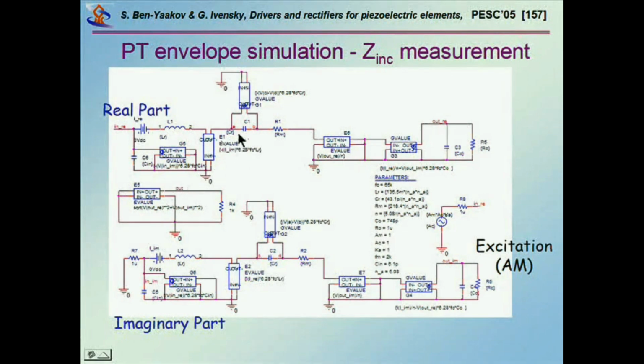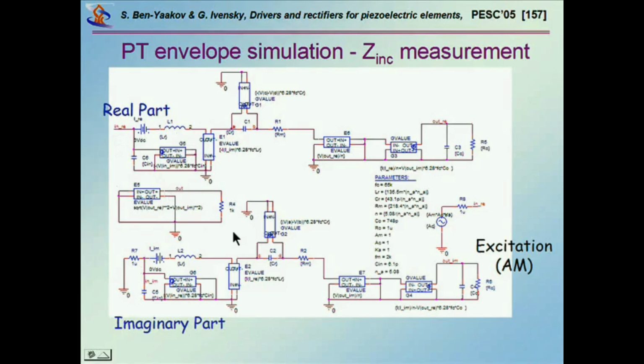You can see here, this is the resonant inductor, this is the resonant capacitor, this is the output transformer, this is the load. We duplicate it into what we call the real part and imaginary part, and we excite it with a certain way of excitation, of driving signals.